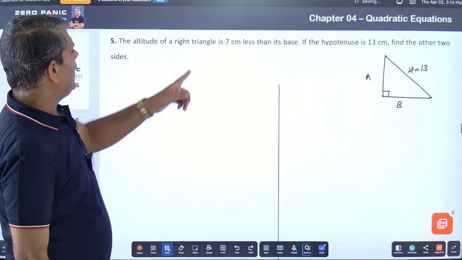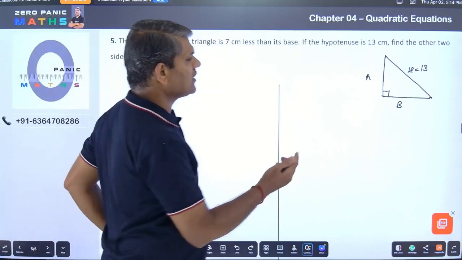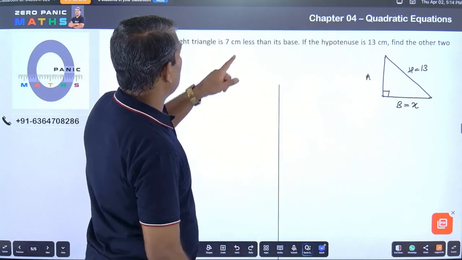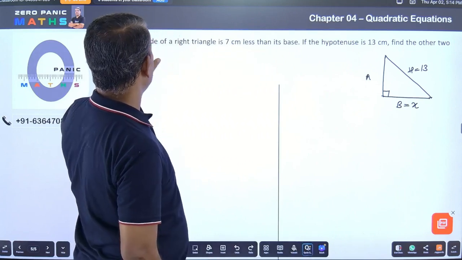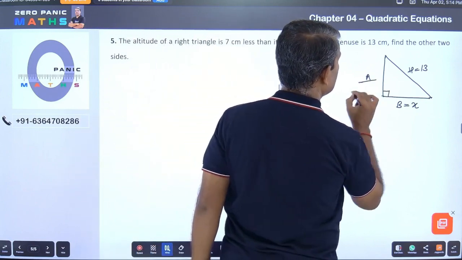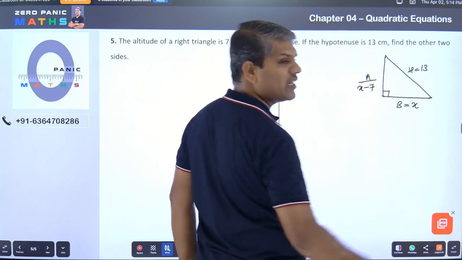Let us consider base as x, and they are saying 7 centimeter less than its base is its altitude. So I should be considering this as x minus 7, because I have considered x as the base.